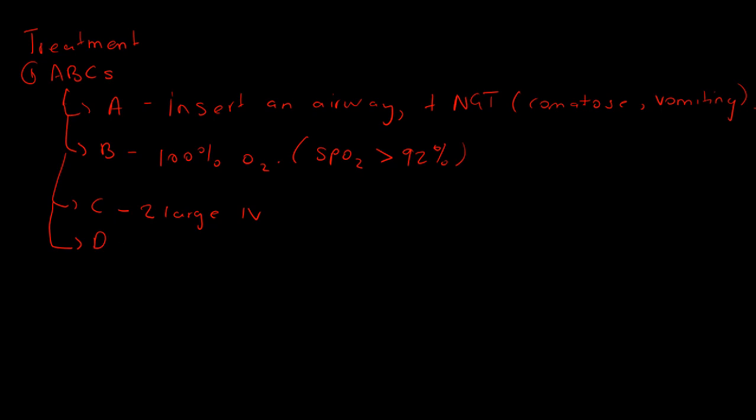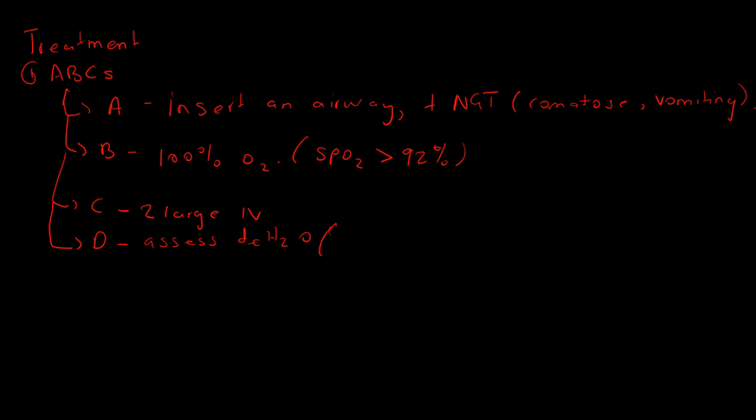Then we come to D, which is of course our disability. Now, here you're going to be assessing the level of dehydration. So we're going to be assessing the dehydration at this stage, and we're going to be grading the dehydration. Remember that the dehydration is going to be either moderate or severe.